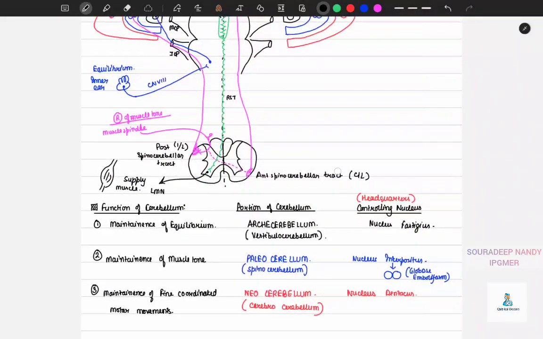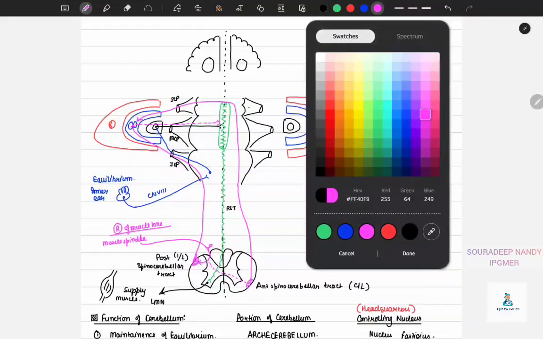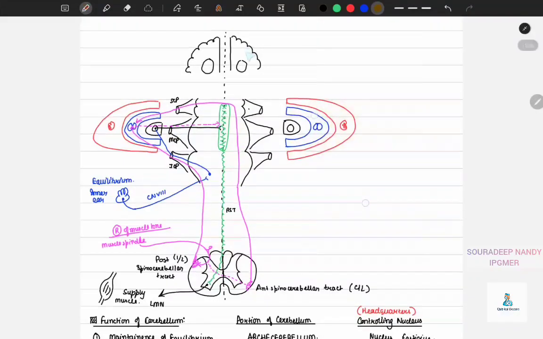Now let us see how fine coordinated motor movements are maintained. So from the brain, high voltage information is carried by the corticopontine fiber, and it descends through the pons, where it is captured by the pontine nucleus, and then this information is sent to the nucleus denticus, or the dentate nucleus, by crossing the midline.